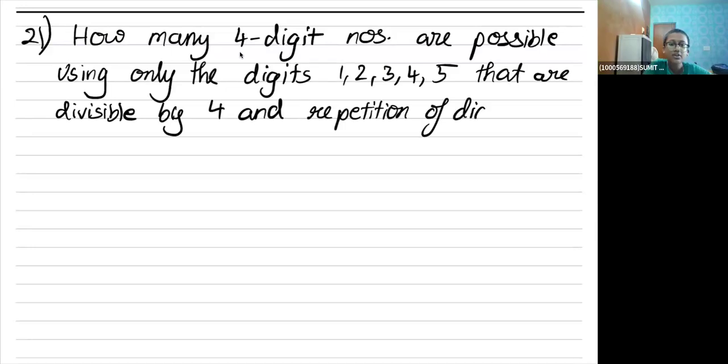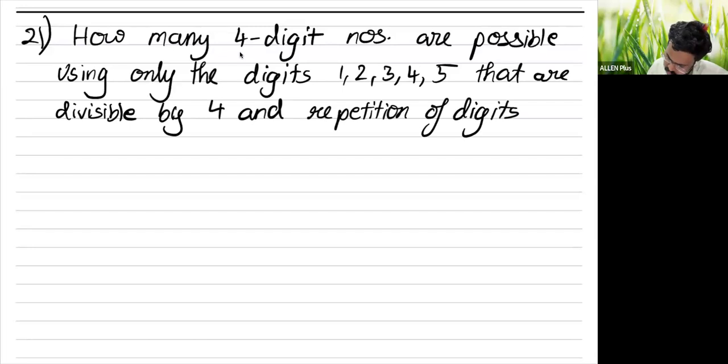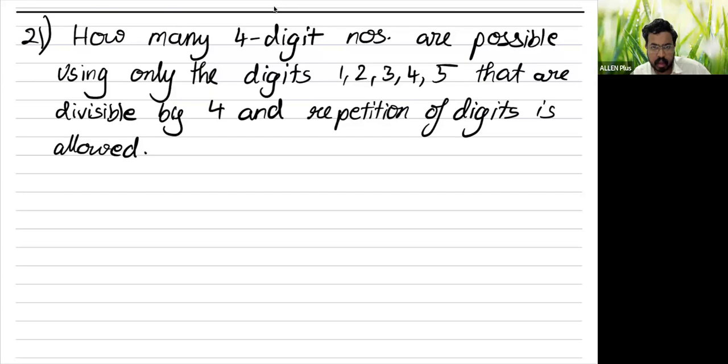Sir, is my answer for bonus question correct? One second. Sumit, one second. Sumit, correct. Sumit, you can keep working on that previous bonus question if you remember. So, which bonus?